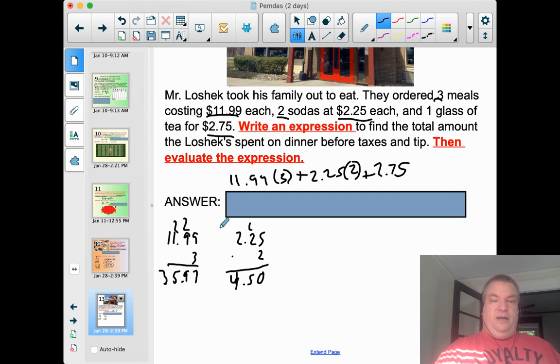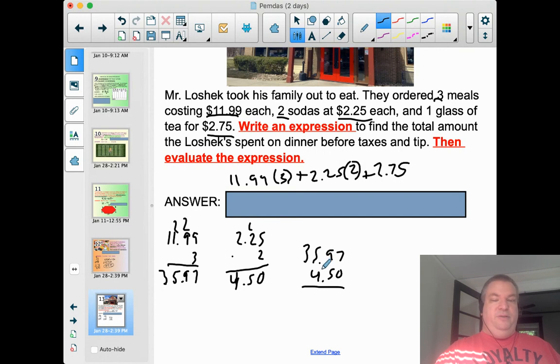All right, so I got $35.97 plus $4.50. Add that first. Again, because it's just addition, I could add in any order I want. So if you want to do it a different way, you certainly can. Decimals are lined up. It's important for, again, addition, subtraction, not multiplication.